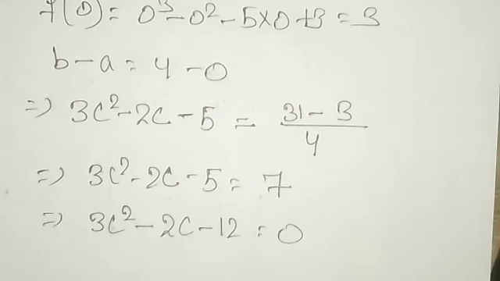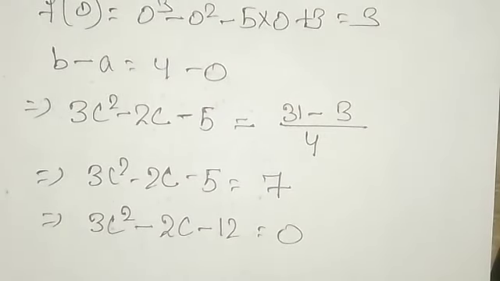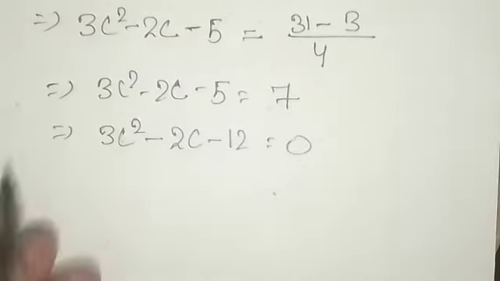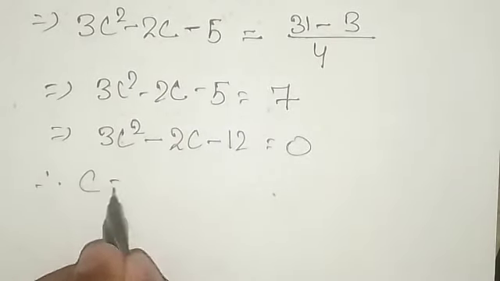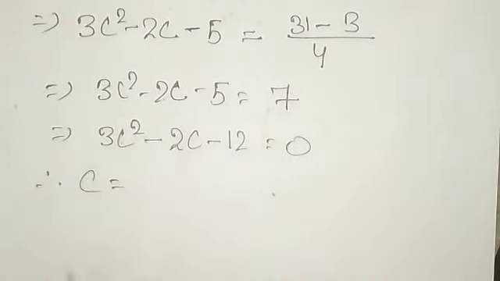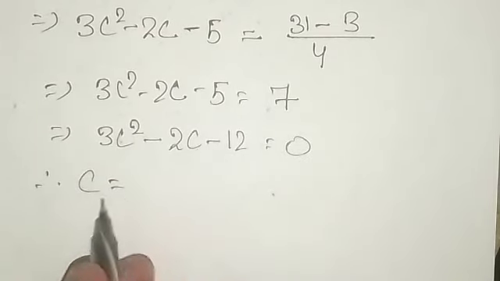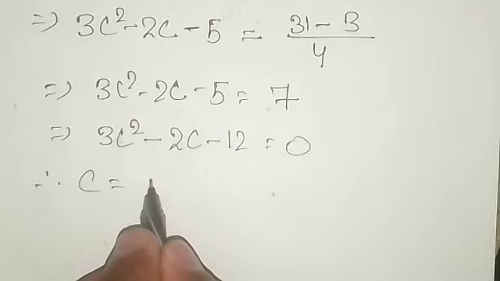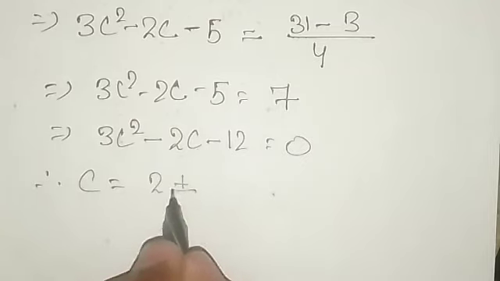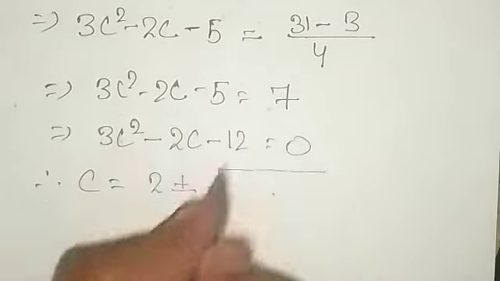We have to find out the c value now, and then we need to see whether it exists or not, right? So here we can say therefore that c is equal to what? Simply you need to find the roots of this quadratic equation, that is minus b plus minus root of D by 2a, right? So minus b is minus minus 2, so 2, plus minus root D, where D means b square minus 4ac.